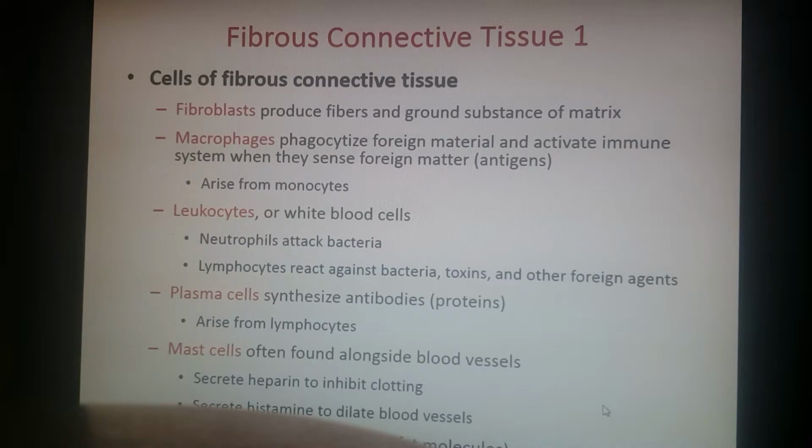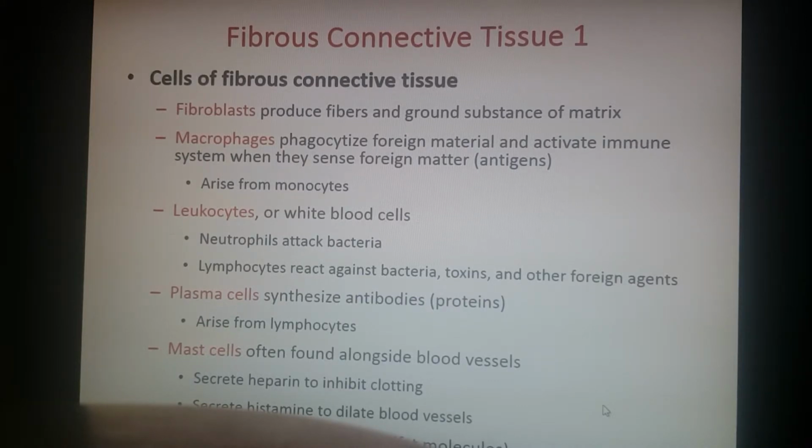Also in your fibrous connective tissue are macrophages. Macrophages are a type of immune cell that migrate through our loosely organized connective tissue, which gives them space to move around.